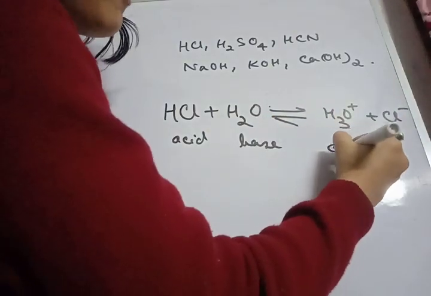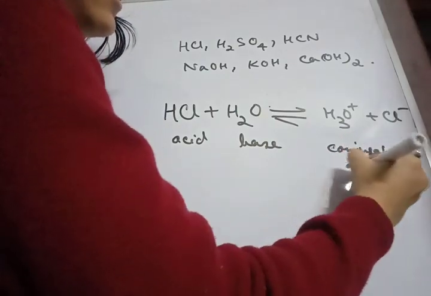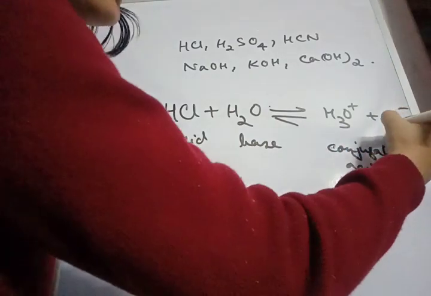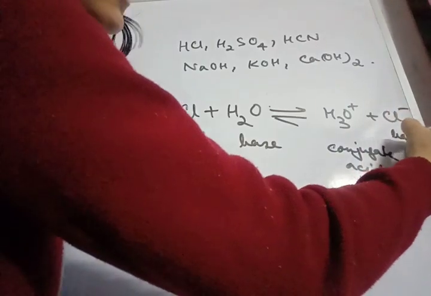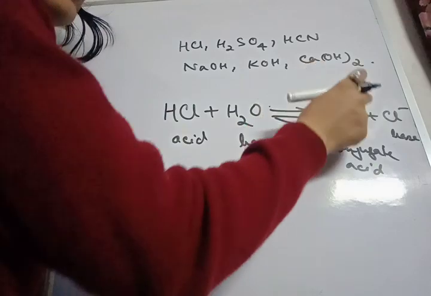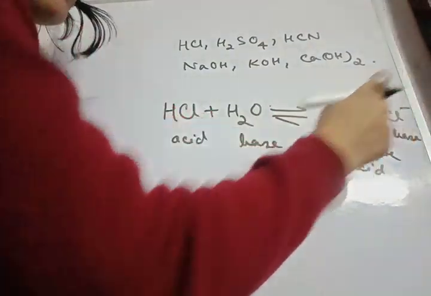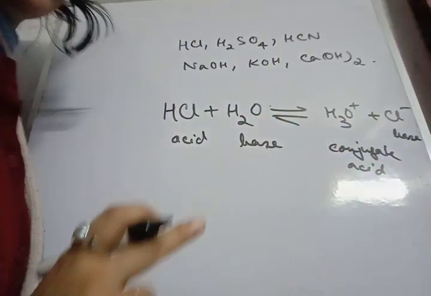So hydronium will be the conjugate acid and Cl negative will be the conjugate base. Why is this the conjugate acid? Because if I consider the backward reaction, then hydronium ion will be donating H positive to Cl minus. So it is the conjugate acid and this one is the conjugate base.